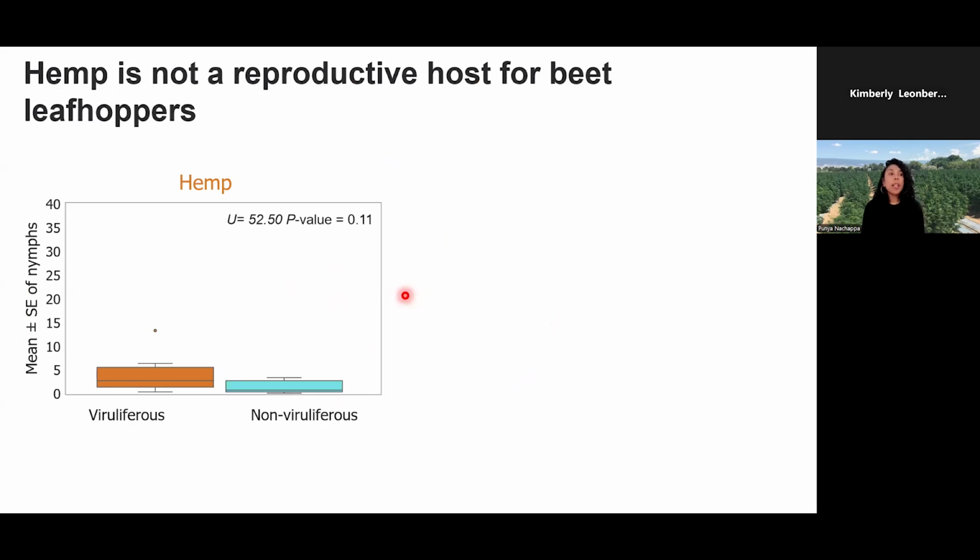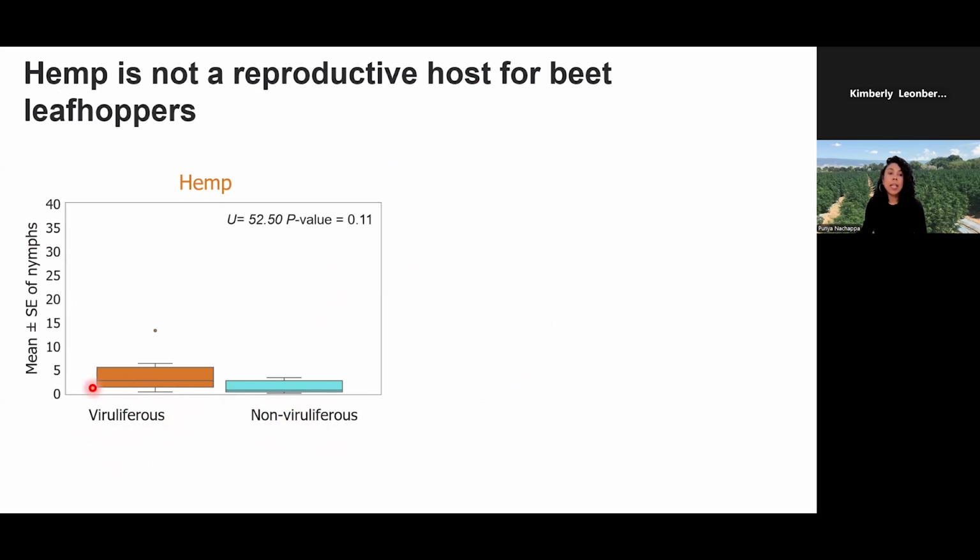Now, while hemp can get infected with the virus, it's not a reproductive host for the leafhoppers. This graph shows the number of nymphs on viruliferous, or BCTV-infected, leafhoppers and non-viruliferous, or healthy, leafhoppers.